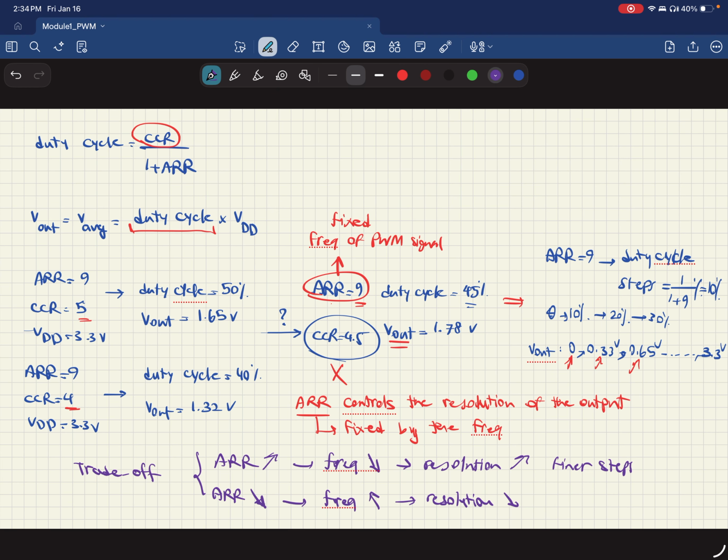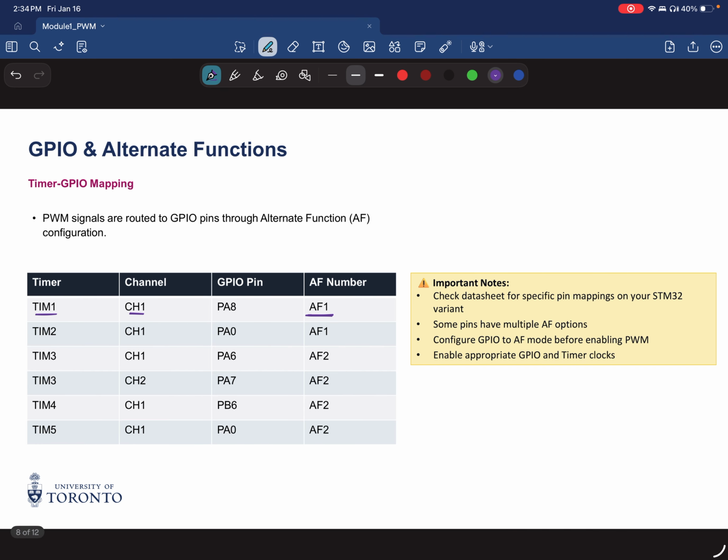Okay, so we talked about the 3 registers that we have, and we talked about the duty cycle steps. Now here, PWM is an output that we get on GPIO using a timer peripheral, basically.